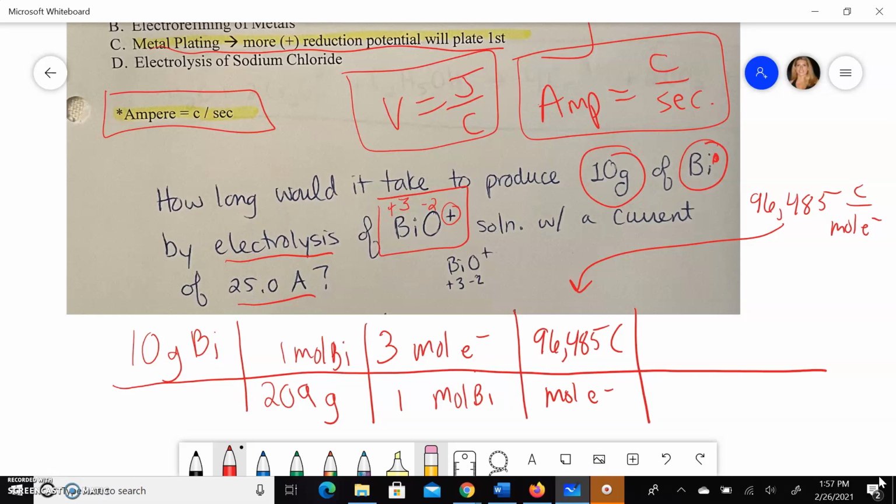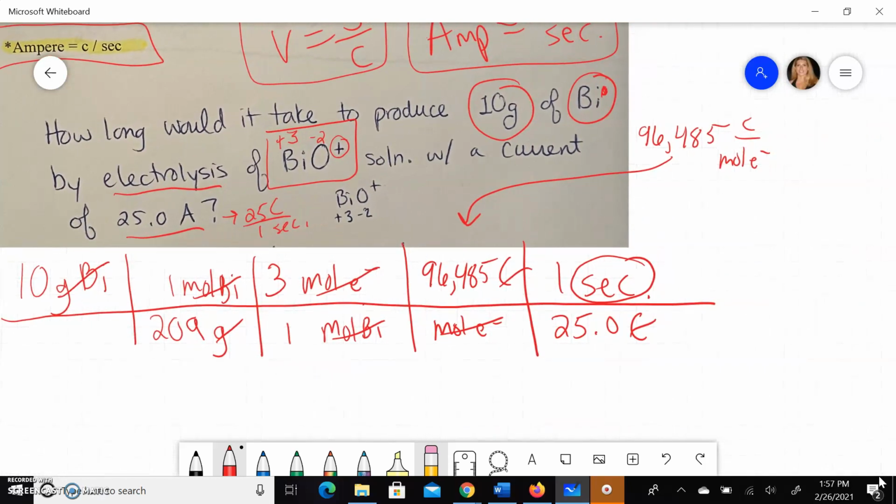This says we have 25 amps, which means we have 25 coulombs per 1 second. So we need to flip it because we need coulombs to be on the bottom. Now if we check our units, grams cancels grams, moles of bismuth, moles of electrons, coulombs, and we're left with seconds, which is a unit of time. And now you just punch it all in your calculator.